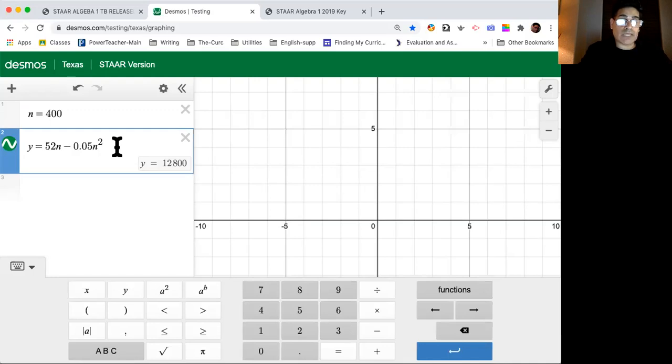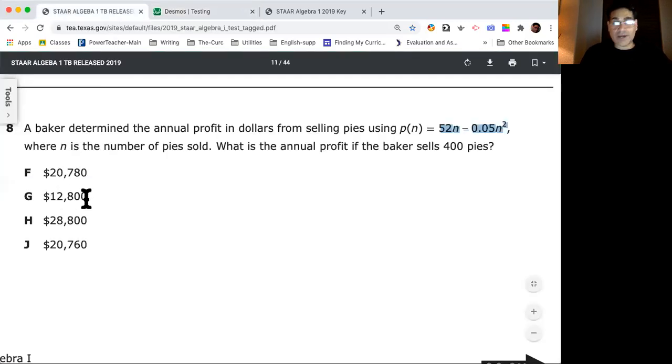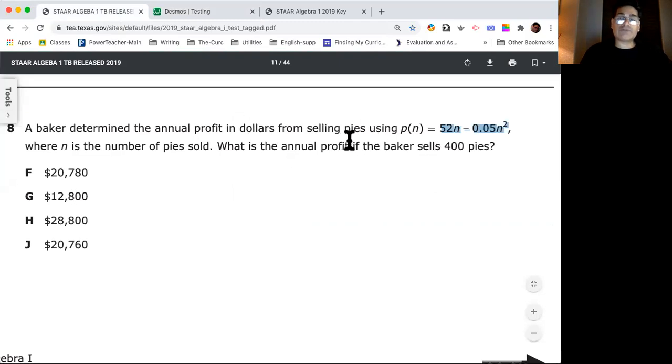All right, and look at that. Desmos immediately calculated for you. Let's see if that appears in the choices. 12,800. And does that make sense? The annual profit per year is this amount. Does it make sense that from 400 pies he would make 12,800?